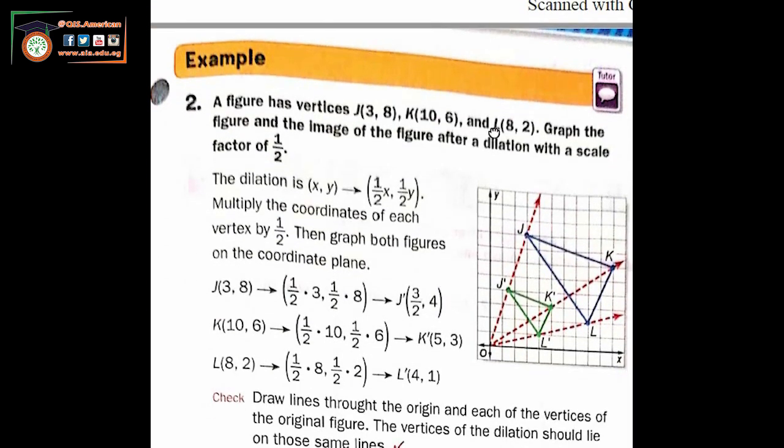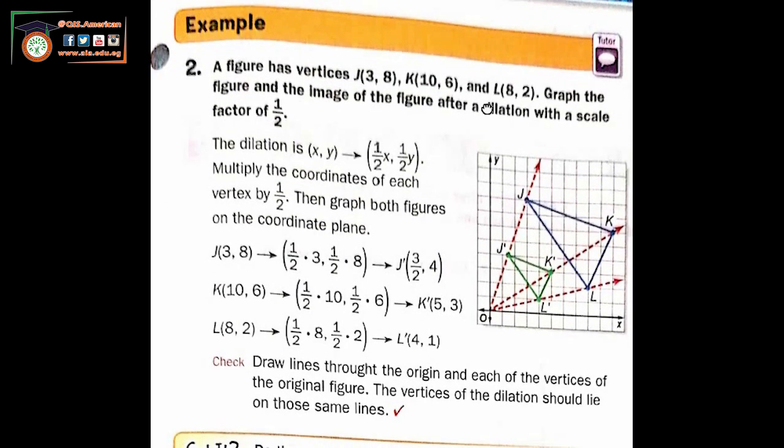Let's take another example. A figure has vertices J negative 3 and 8, K 10 and 6, L 8 and 2. Graph the figure and the image of the figure after dilation with a scale factor of half. So the scale factor here is half. Is it going to be an enlargement or a reduction?